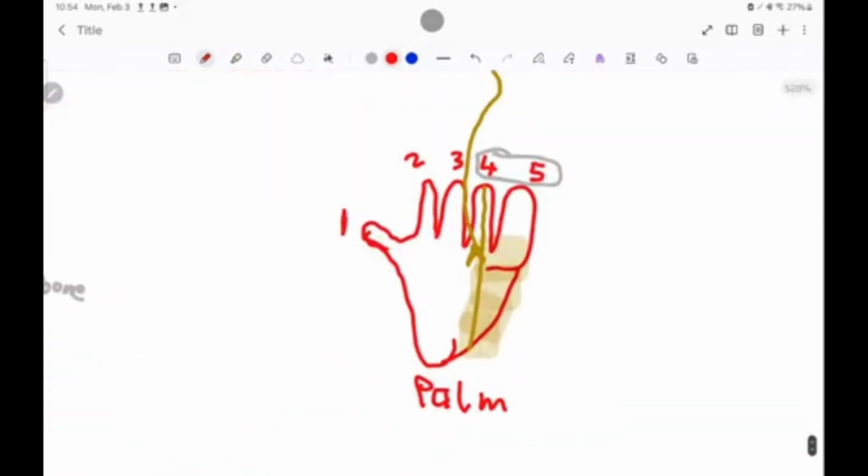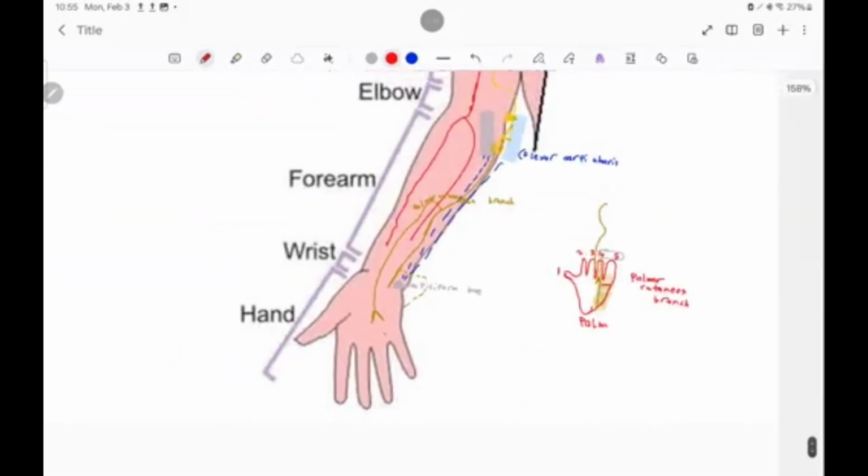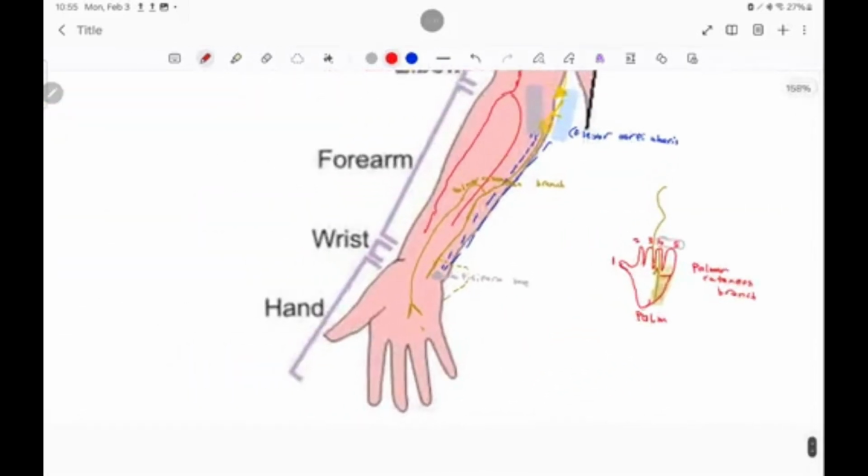Okay, this image is for the palmar cutaneous branch. And we said this palmar cutaneous branch does not supply the fingers from the palmar side, but it supplies only the skin below them. Okay.